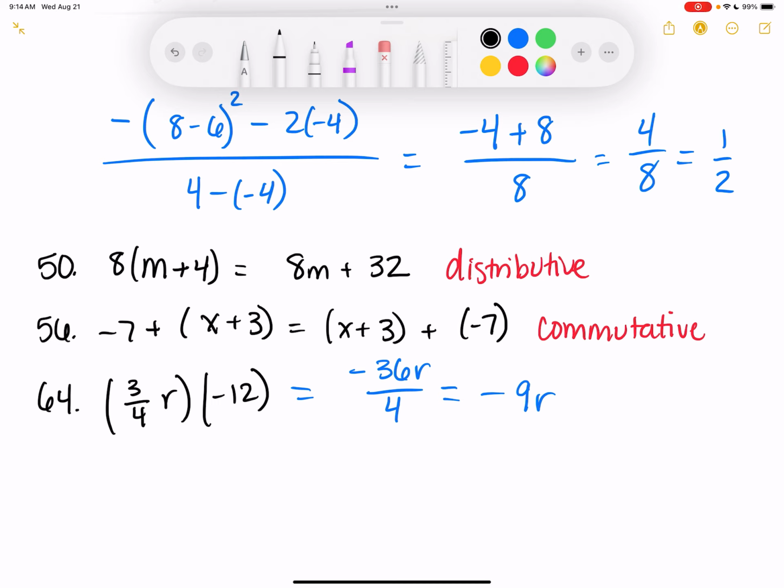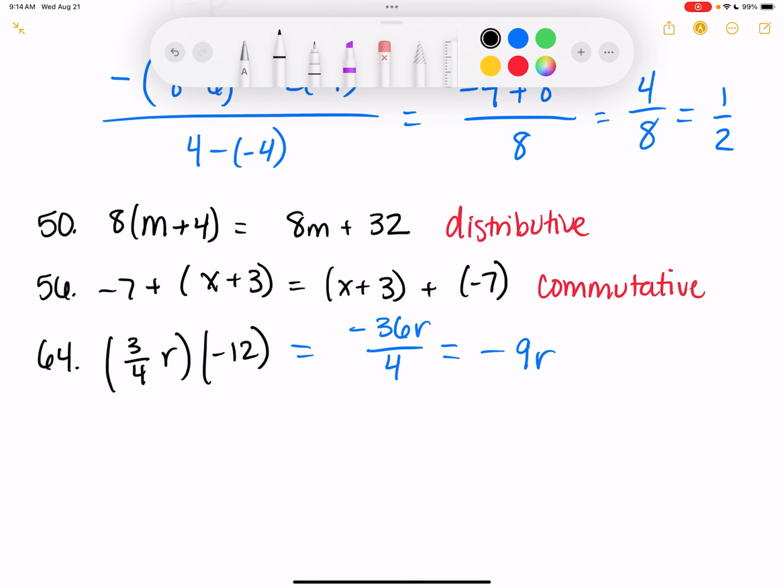78. These ones say to decide whether the statement is true or false. If false, correct the statement. So 78, we have the absolute value of, in parentheses, -3 cubed is equal to negative absolute value of 3 cubed. Is this statement true or false?